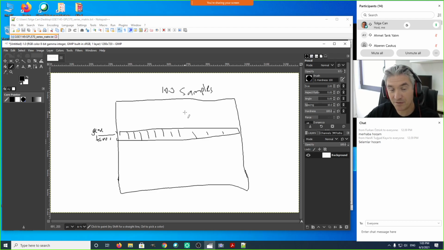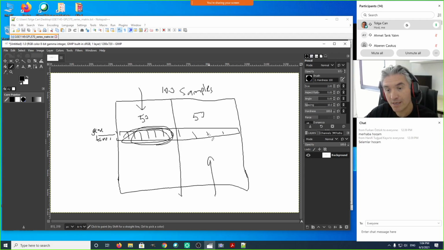Now, if these samples were organized in such a way that, for example, the first 50 of them are coming from normal, the other 50 are coming from diseased hearts, we can then ask for differentially expressed transcripts. For example, if a certain transcript shows a different behavior in normal samples compared to the disease samples, it may be an indication that something different is going on in the disease sample compared to the normal sample.